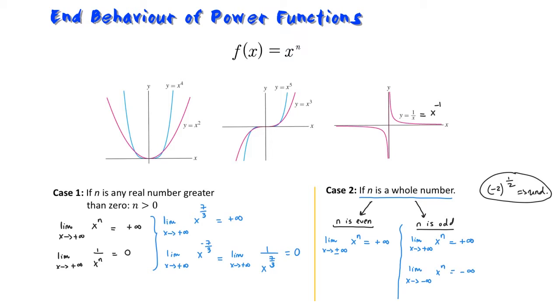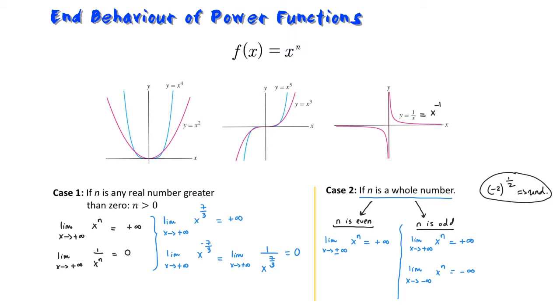That is always the case. And you can see that right here. This is a great demonstration of this case. Here we have x to the 3rd, x to the 5th. And as x approaches positive infinity, look at the y values in both cases, positive infinity. And as x approaches negative infinity, the y values go off towards negative infinity.